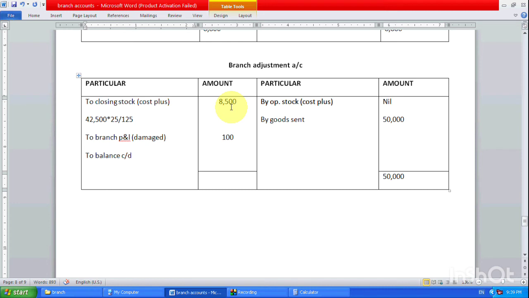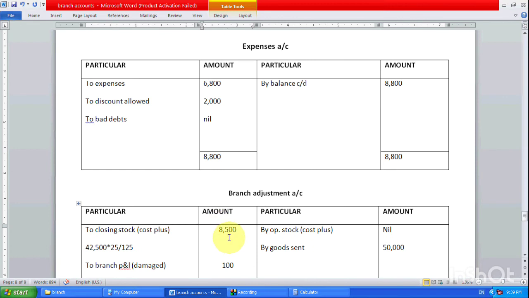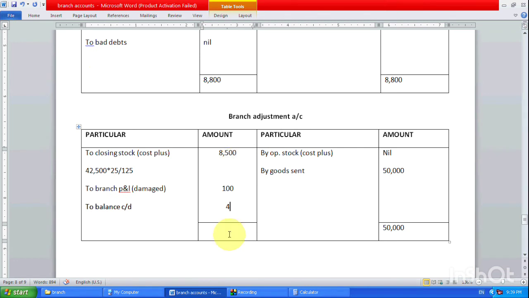Now 50,000 minus 8,500 means 41,500. Then minus 100 means 41,400. Right here, see, 41,400 to tally the overall ledger balance, 50,000 and 50,000.